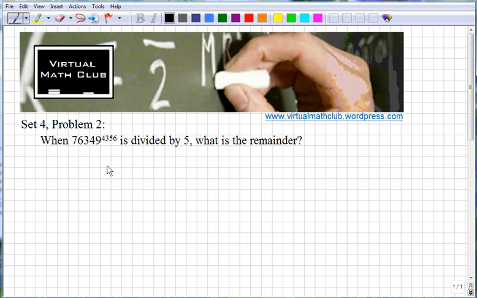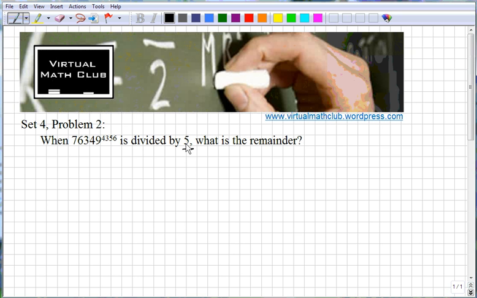So let me see, where do I start? Giving you a hint, because this is kind of a hard problem, I'd say. The first hint is to look at the multiples of 5.